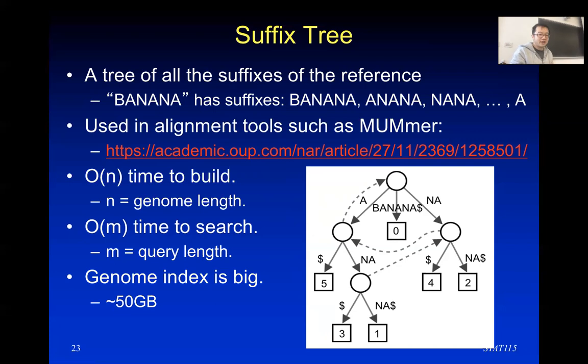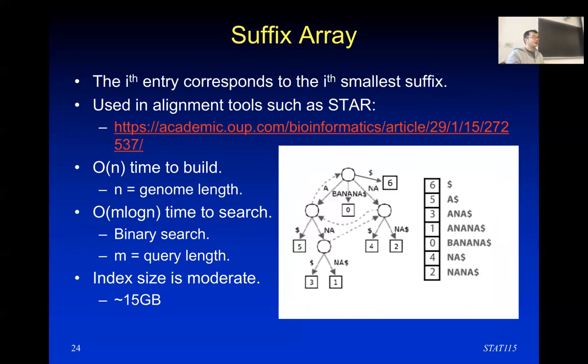However, such an index is relatively big. For example, for the human genome, after building its suffix tree, if we want to use it, we need about 50 gigabytes of memory. So people then invented the idea of the suffix array to decrease the memory usage.